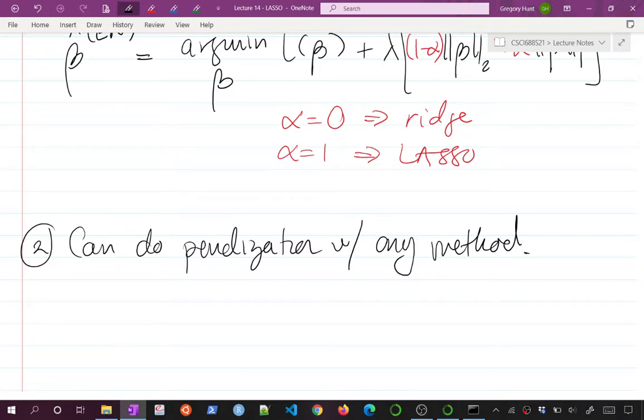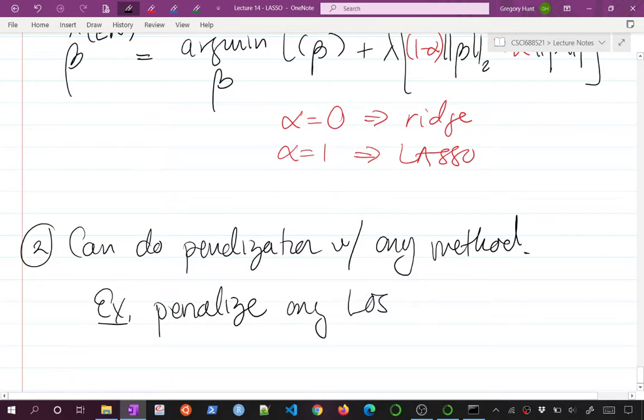Ridge was developed in the 70s, and lasso was first developed in the late 90s, I think. But since then, there's been a ton of research on other things. So, for example, you can penalize any loss.